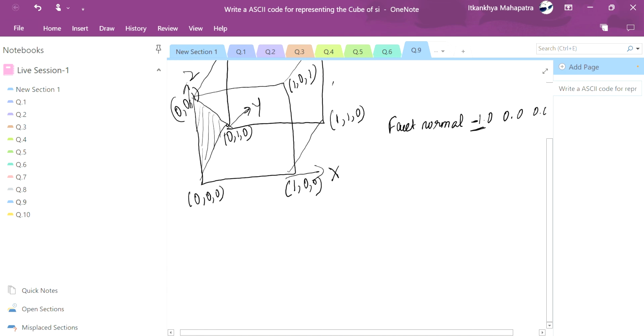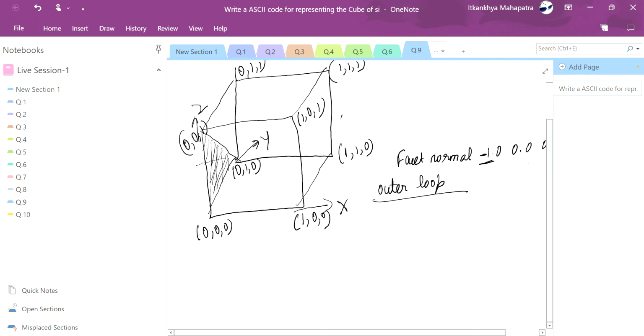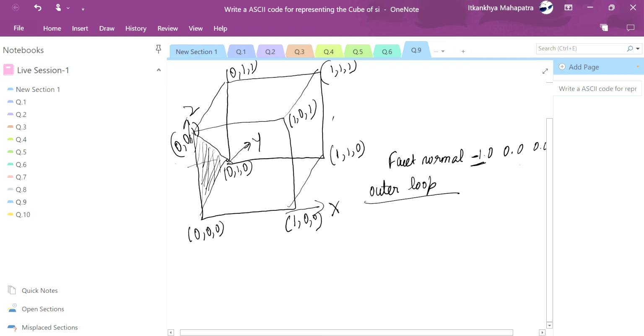Since it is towards this direction, it will be minus 1, 0, 0. This is the only trick involving this question. And if you are able to give the coordinates properly, you can easily write this ASCII code. Since this plane is in this direction of y, the facet normal will be minus 1, 0, 0.